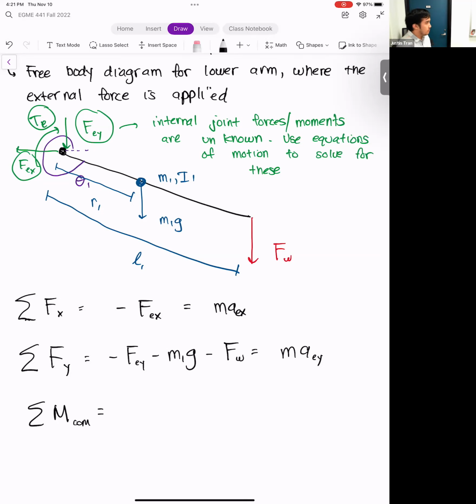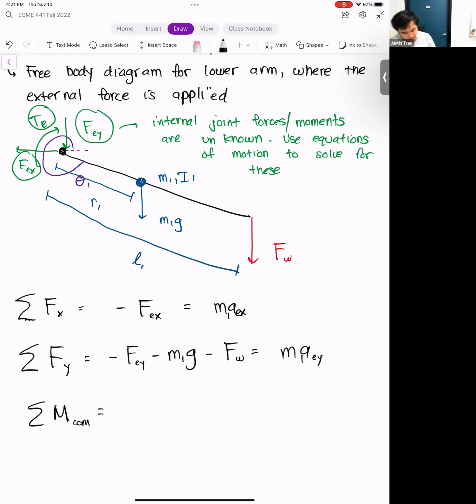Then we have the sum of the forces in the Y direction, and we have three forces. We have the elbow force, so that's minus FEY. We have the weight of the arm, minus M1G, and then we have the weight of the dumbbell, minus FW. And that's equal to the mass of the lower arm, M1, times the acceleration of the elbow segment in the Y direction.